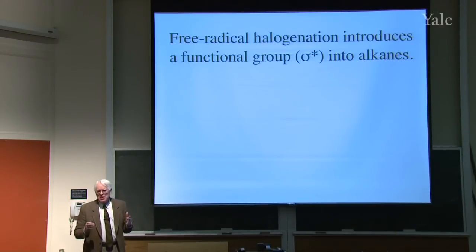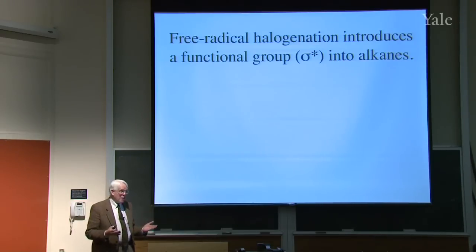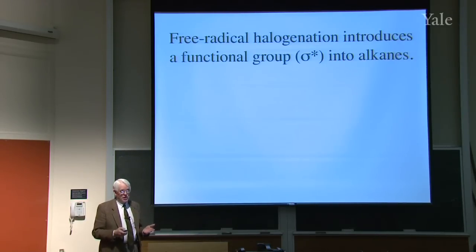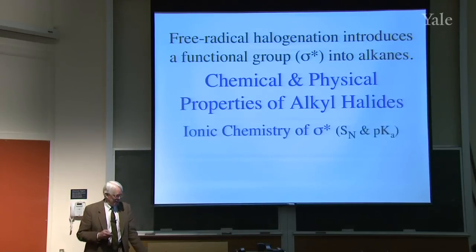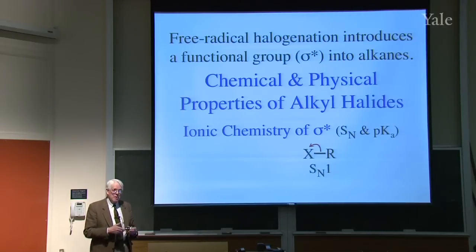So I'm going to do that last slide again, because that's where I noticed things were bad. Free radical halogenation introduces a functional group. And we're now going to look at that functional group, the chemical and physical properties of alkyl halides, which involve sigma star. So we have SN1 reactions in which those electrons go on to X in order to break the bond.